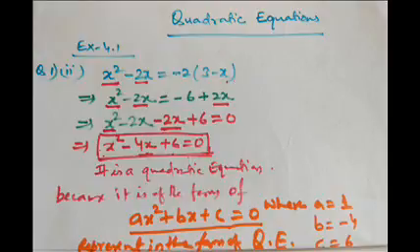So x square minus 2x is equal to, when we solve, minus 6 plus 2x, and further after solving it becomes x square minus 4x plus 6 is equal to 0. Of course it is of the form ax square plus bx plus c is equal to 0, where a is equal to 1, b is equal to minus 4, and c is equal to 6. So it satisfies all the criteria of a quadratic equation. So yes, of course, it is a quadratic equation.